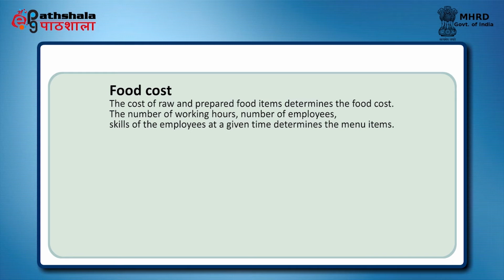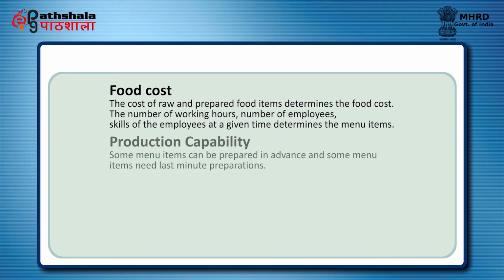The number of working hours, number of employees, skills of the employees at a given time determines the menu items to be served. Some menu items can be prepared in advance and some menu items need last minute preparations. Hence, based on production capability, the menu will change.